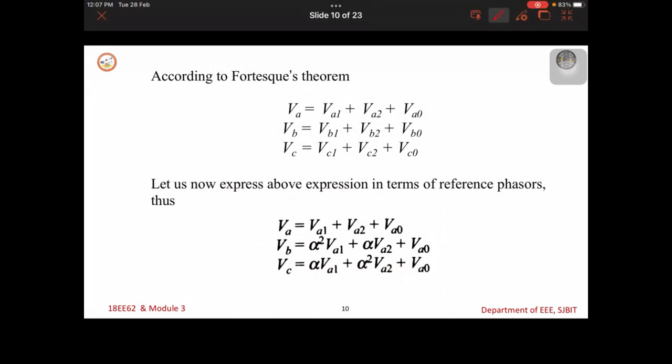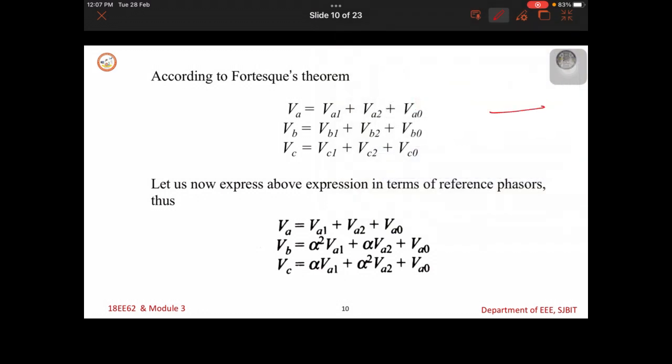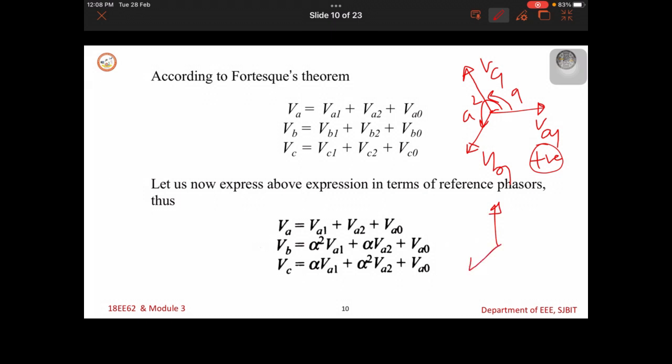So the positive sequence, as I told you, is VA1, VB1, VC1, this is A, this is A square. Here VB1 is nothing but A square VA1, and VC1 is A times this. Similarly, the negative sequence is here VA2, VC2, VB2.